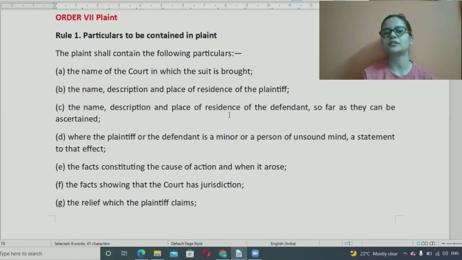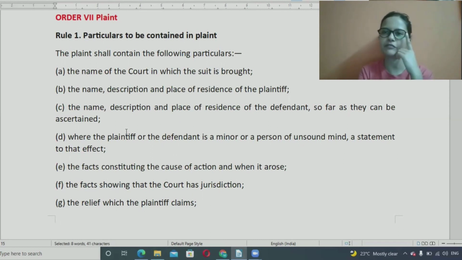Name, description, and place of residence of the defendant, so far as they may be ascertained. If we are aware who our defendants are, what their addresses are, whatever we know, those details we would provide. Sometimes it may happen that we do not have much detail of the other person.